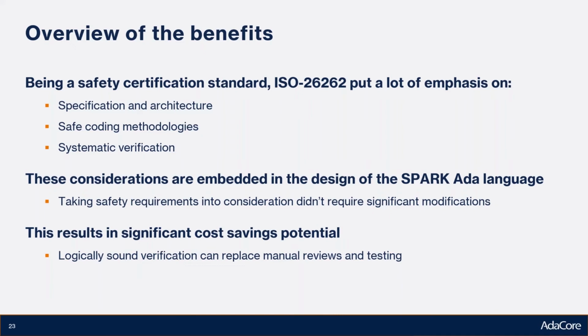You have safe coding methodologies that are prescribed, and systematic verification is essential. The Spark language is designed from the ground up with these considerations in mind. Compared to MISRA C or other safety subsets, Spark is a full-featured language, and it can be used as is without any modifications to satisfy those safety requirements.